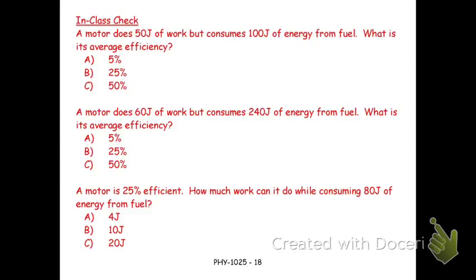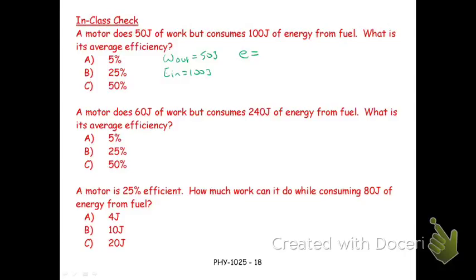So we say a motorcycle does 50 joules of work and consumes 100 joules of energy. So what I get out, my work out, is equal to 50 joules, and my energy in is equal to 100 joules. It says, what is the average efficiency?